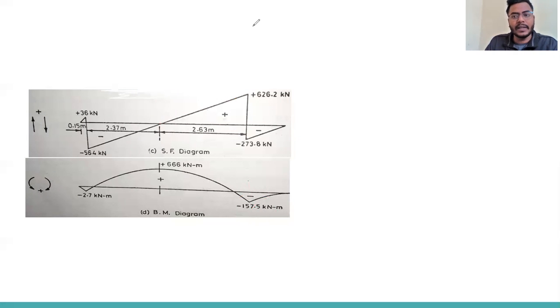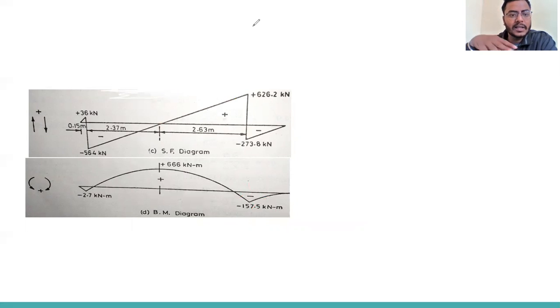According to that, we design other sections like the depth of the footing, concrete, then reinforcement, the depth of foundation, all those things. So these two diagrams are very, very important, and you have to know everything about them. In this question, I have to draw the shear force diagram and bending moment diagram, but if you are studying other subjects, you have to draw them for different structures like frame structures, truss and so on.